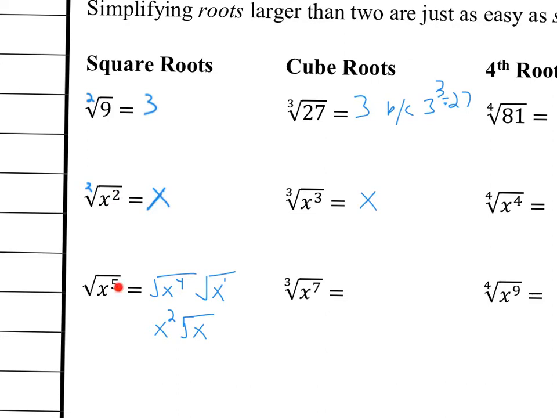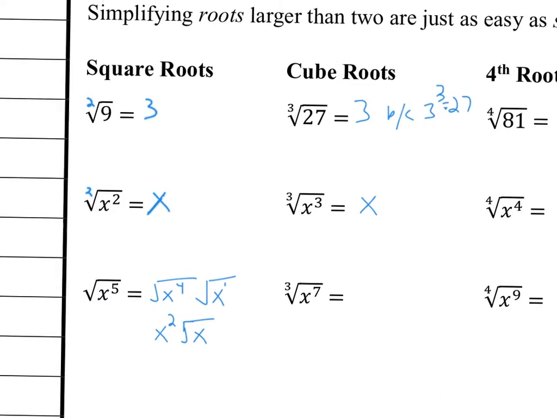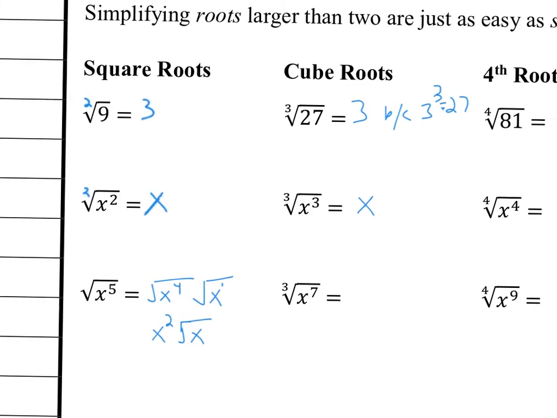Just like here, I have 5 divided by 2, it doesn't work. I have 7 divided by 3, it doesn't work, so I have to rewrite this as the third root of x to a number. That's going to be 6, because the largest number underneath 7 that is divisible by 3 is 6, and then whatever is left over, so that's the third root of x to the 1st.